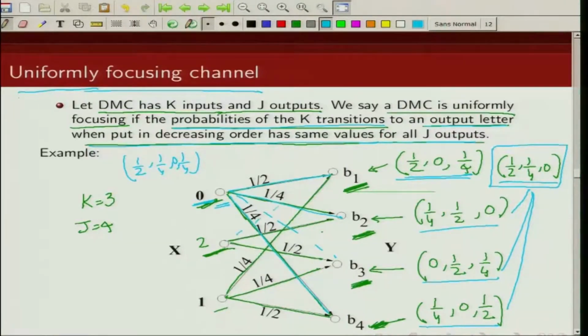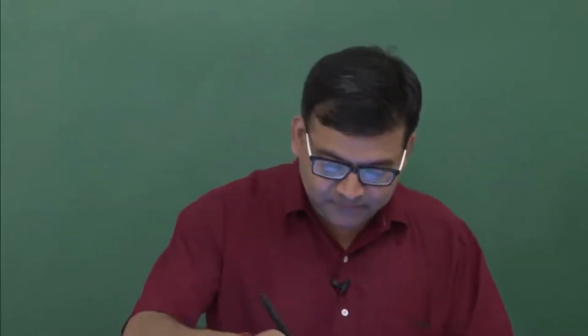For the last, they are 0, 0, half, and 0. So clearly, if I arrange these probabilities in descending order, they are not the same. So this is an example of a uniformly focusing channel, but it is not a uniformly dispersive channel. I hope the difference between a uniformly focusing channel and a uniformly dispersive channel is clear.